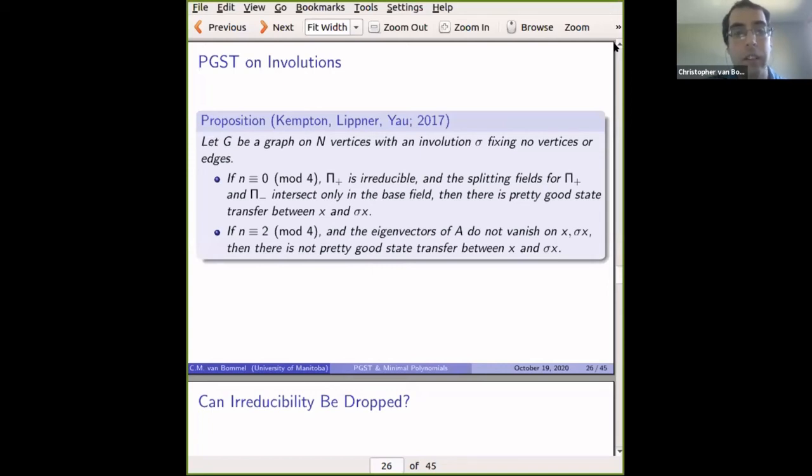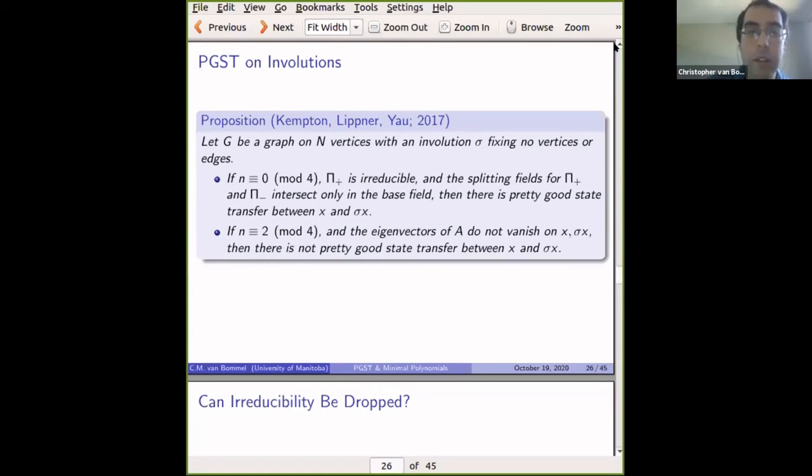And if you're in the 2 mod 4 case, and all of your eigenvectors are supported on the vertices you're interested in, then you won't be able to achieve pretty good state transfer. And we'll see an extension of this second idea shortly.